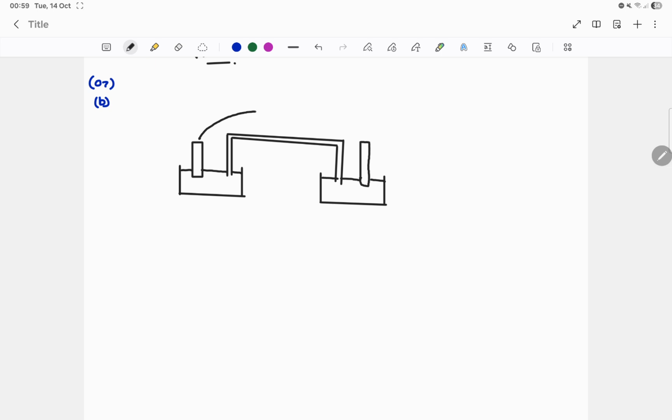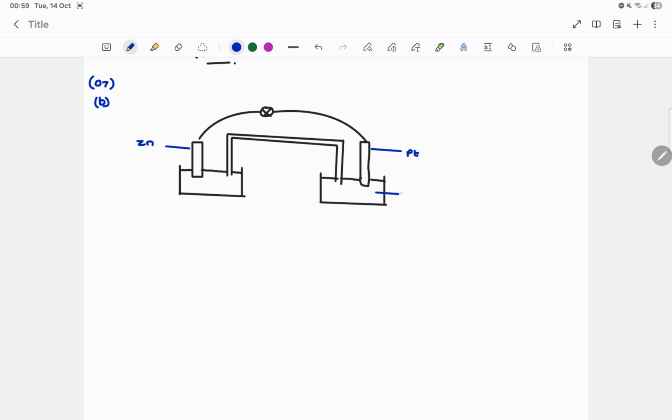We can connect a bulb over here, and let's name the structures. This is a zinc rod, this is a platinum.